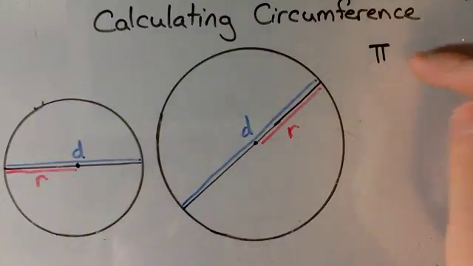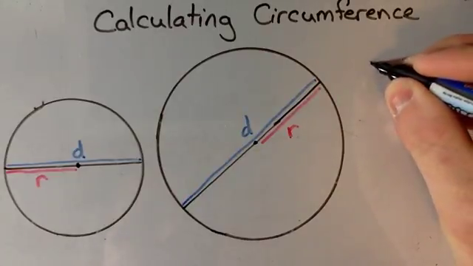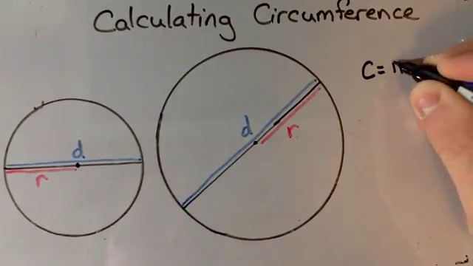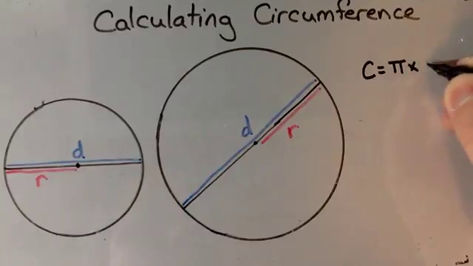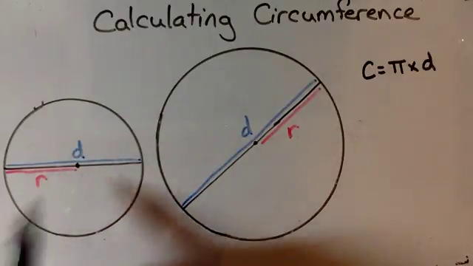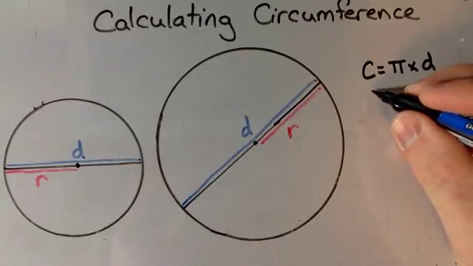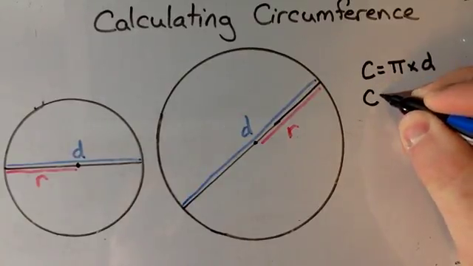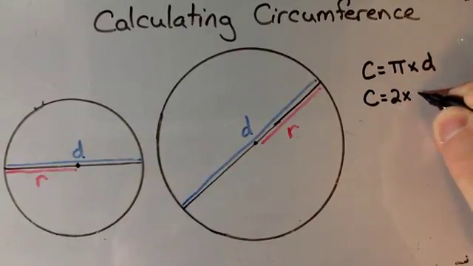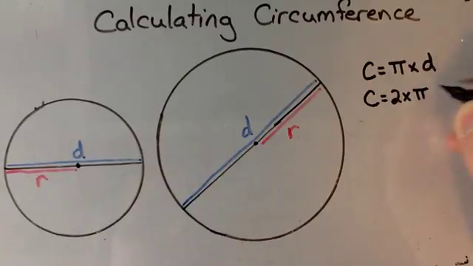This relationship basically says that to find the circumference of a circle, you can multiply this constant number pi times the diameter. Or if you don't have the diameter, we already know that the diameter is exactly 2 times the length of the radius, so you could just as easily write that to find the circumference, you can multiply 2 times pi times the radius.